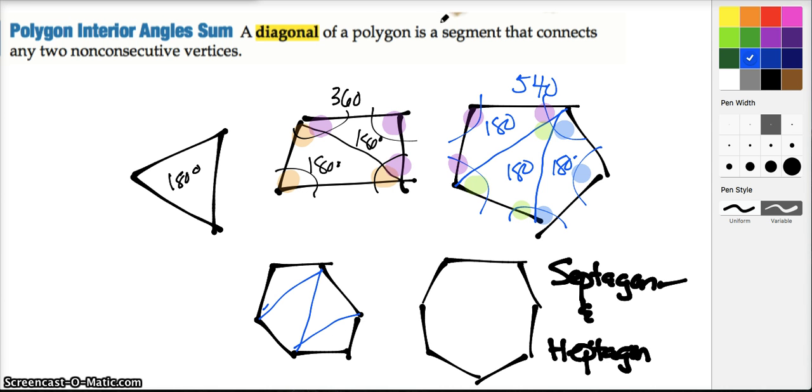So, let me get a highlighter, so that if I add up these three angles plus these three and these three here and these three here, I'm going to have four angles of 180 degrees that I'll add up to find the interior angle sum of the hexagon.